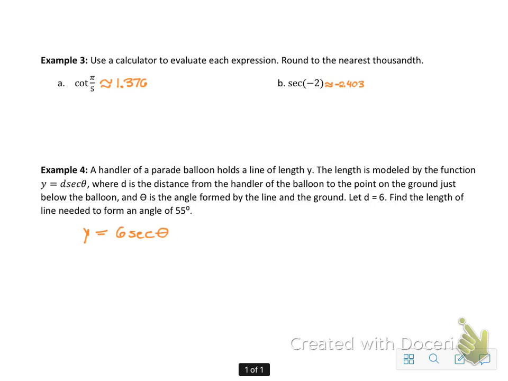What it's asking for when you plug in 55 is y equals 6 secant of 55 degrees. And again, don't forget, it has to be in degrees. I'm going to plug this into my calculator. It's going to be an approximation, so that is about 10.5 feet. And you can just plug it in the way you see it.